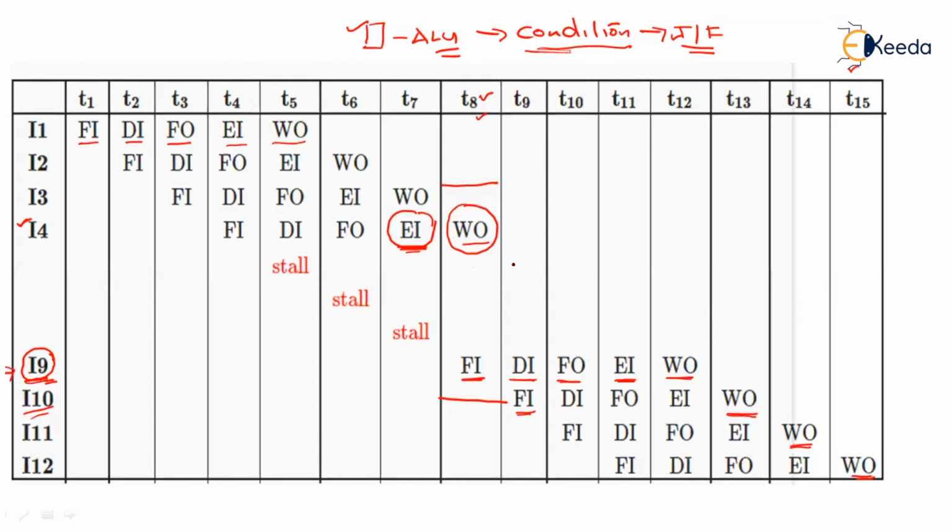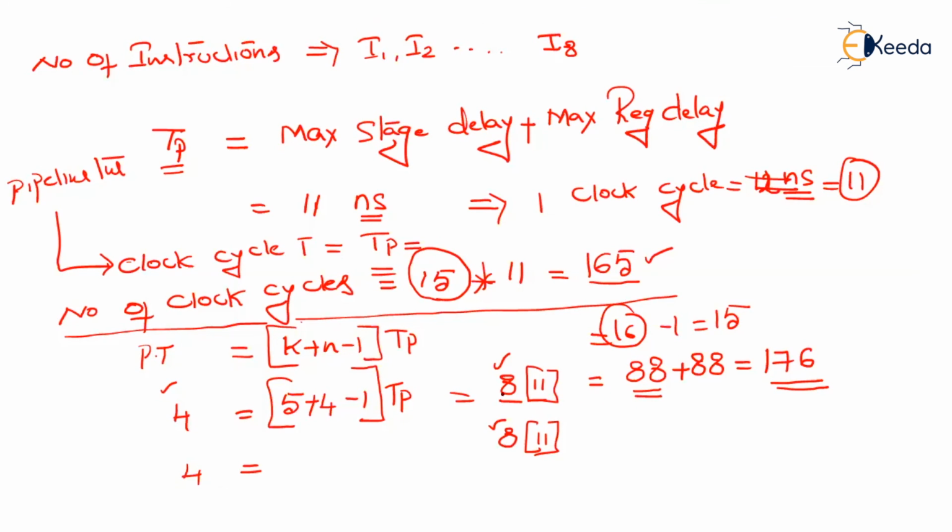The first 4 instructions require 8 clock cycles, the next 4 also require 8, but the overlapped clock cycle must be subtracted. That is 8 plus 8 minus 1, equal to 15 clock cycles.